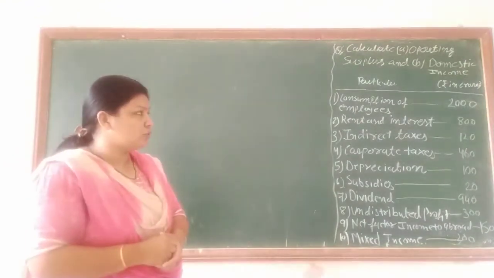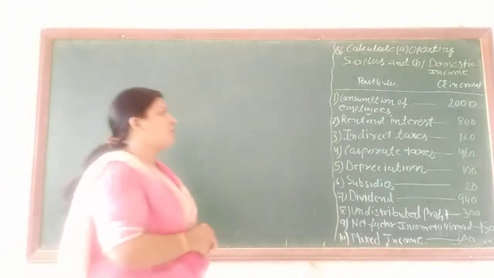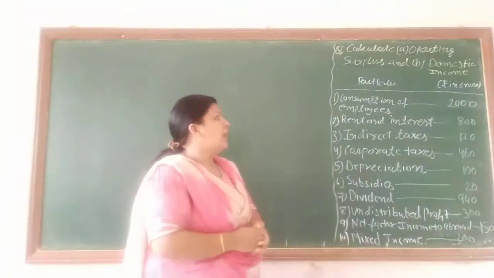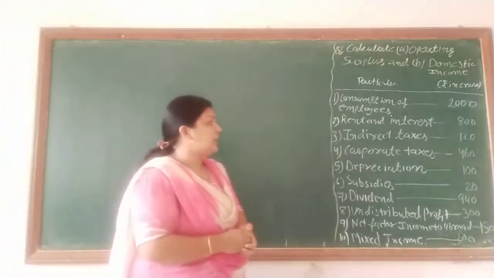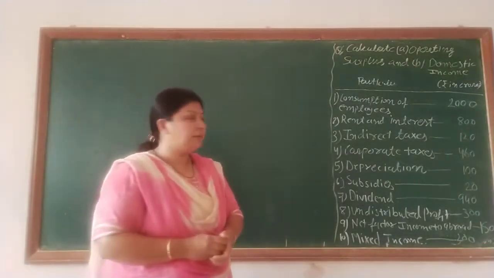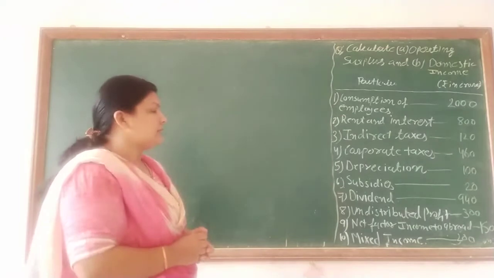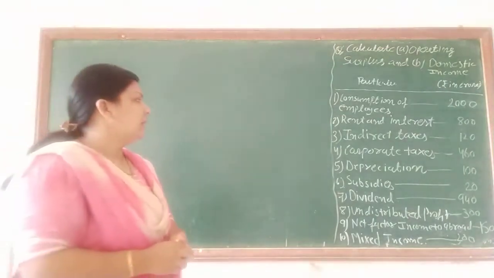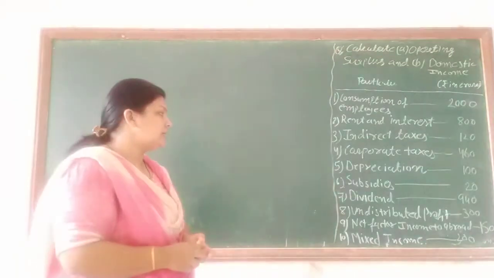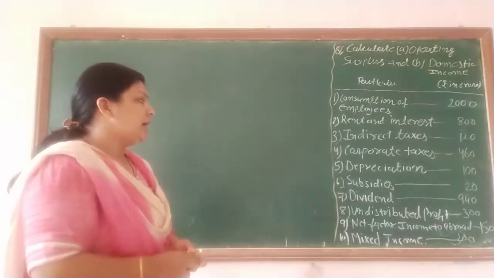Compensation of employees 2000. Compensation of employees means COE, as you all know. Rent and interest, that is 800. Indirect taxes 120. Corporate taxes 460. Depreciation 100. Subsidies 20.